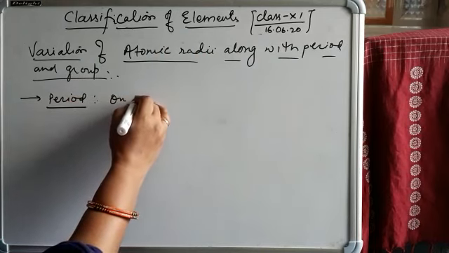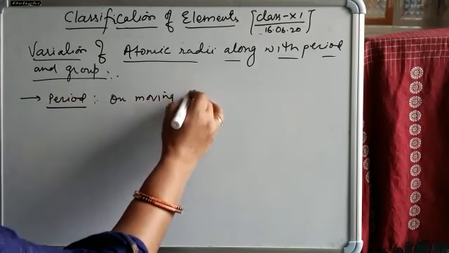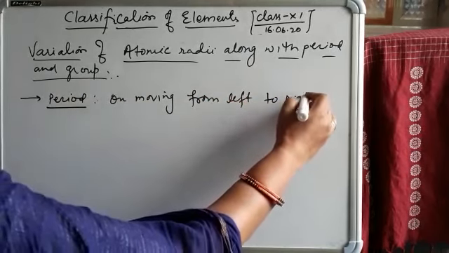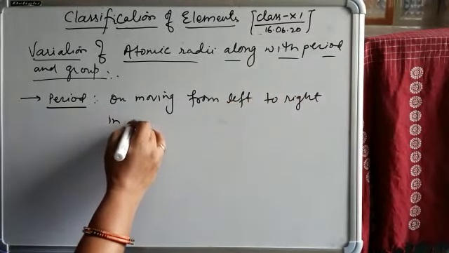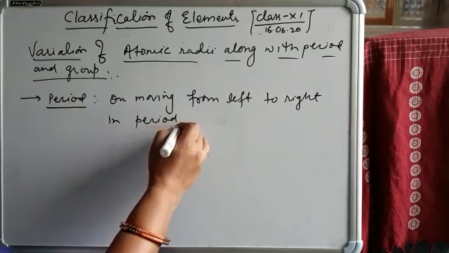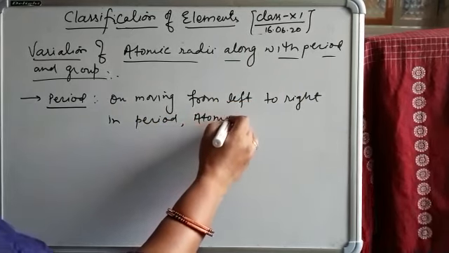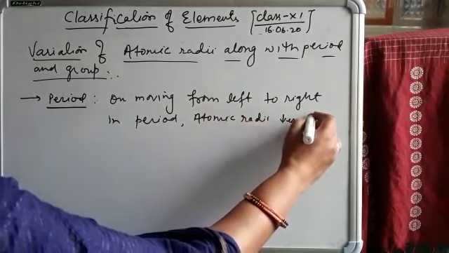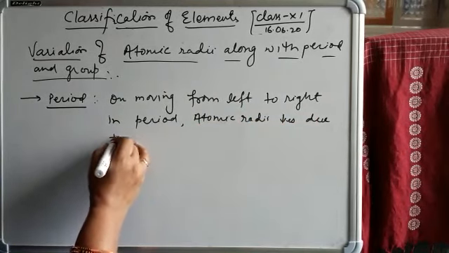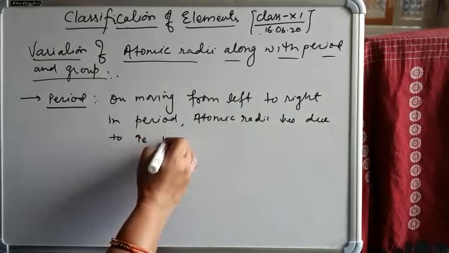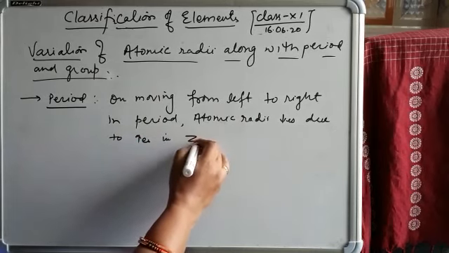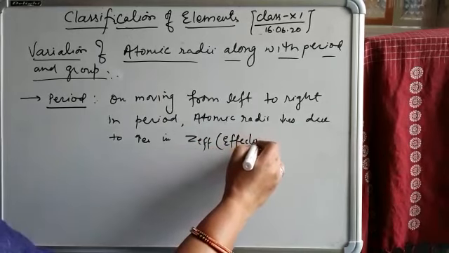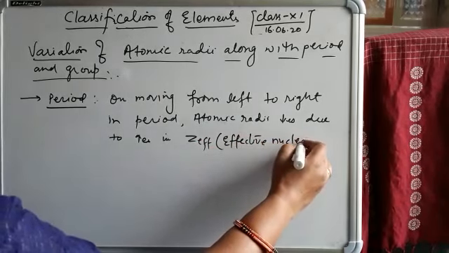As we know, on moving from left to right in a period, atomic radii decrease due to increase in Z effective. It is called the effective nuclear charge.